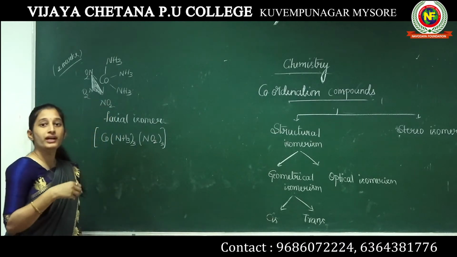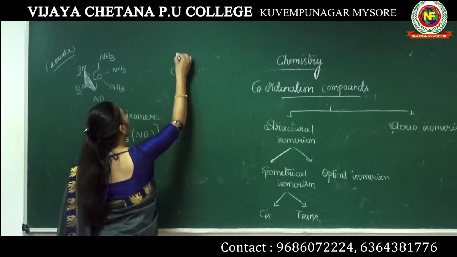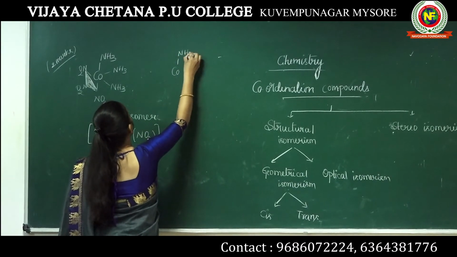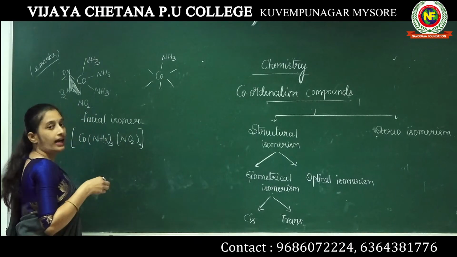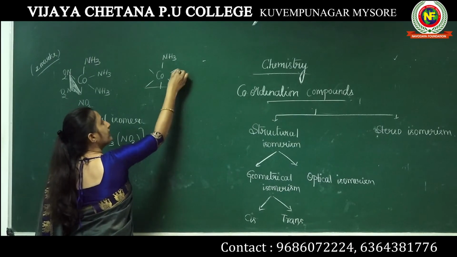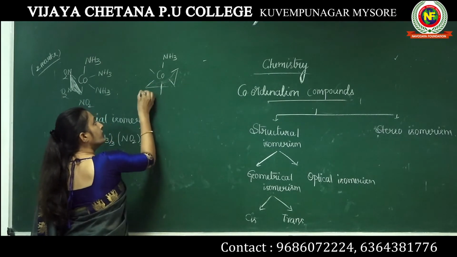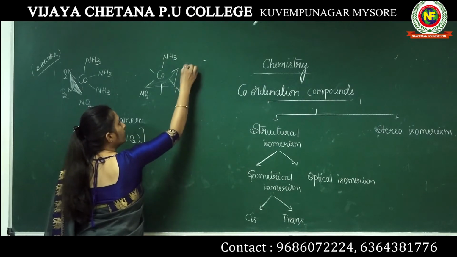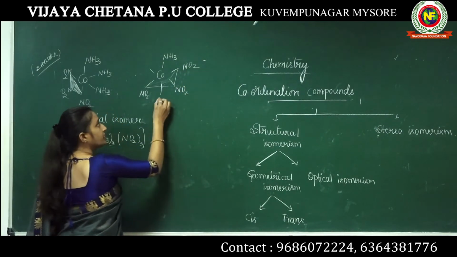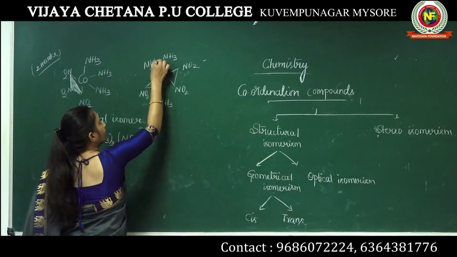Next, how to write for meridional isomer? Co, NH3. See, now the triangle will shift like this. NO2, NO2, NO2, NH3, NH3.